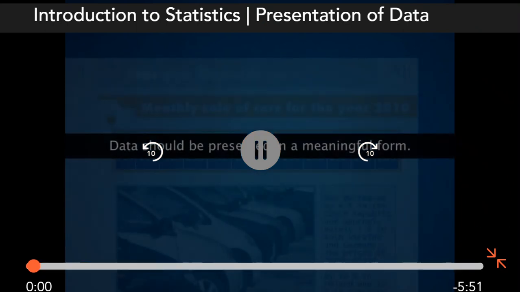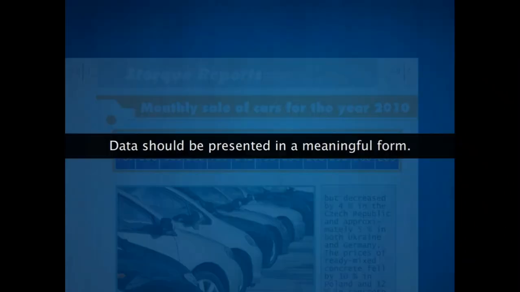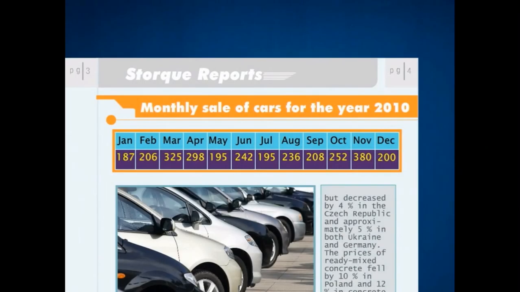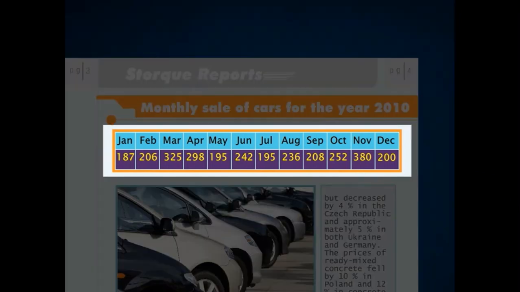After collecting or obtaining the data, it has to be presented in a meaningful form which is easily understood and gives the main features at a glance. Before we learn how to present the data, let us quickly understand a few terms related to it. Look at the sales figures we saw earlier. This is the original form in which the data was obtained.